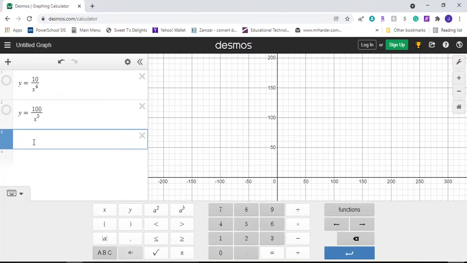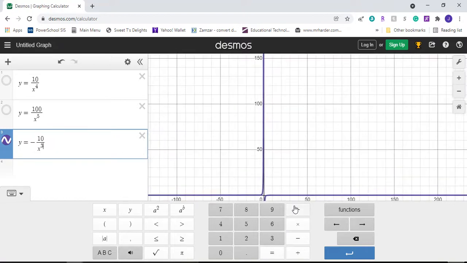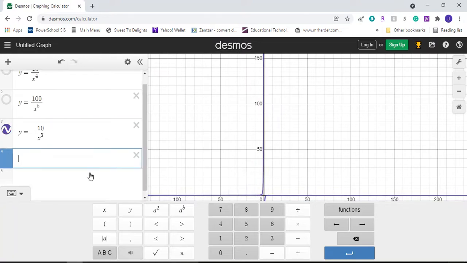All right, now we go to the next. We will have y is equal to negative 10 divided by x to the third power. And as you can see here, the only one that fits that bill is actually A. And then last but not least, we still should check it.